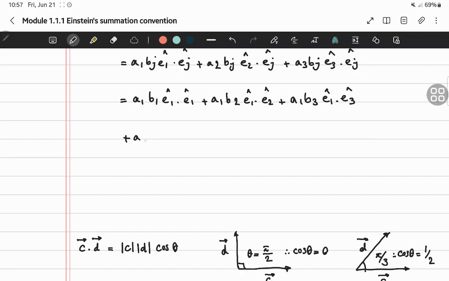Plus A_2 B_1 e_2 dot e_1 plus A_2 B_2 e_2 dot e_2 plus A_2 B_3 e_2 dot e_3. This is the second term, and then the third term.